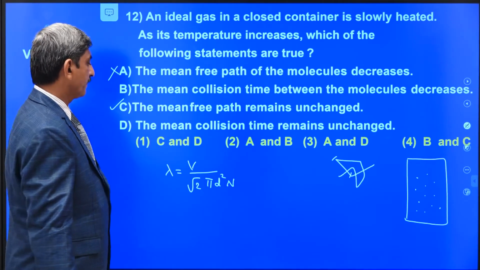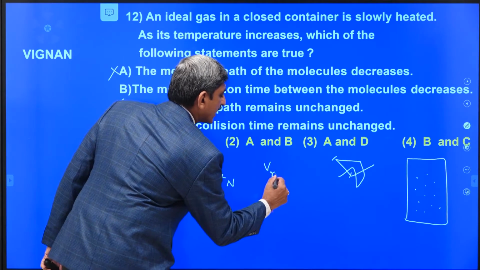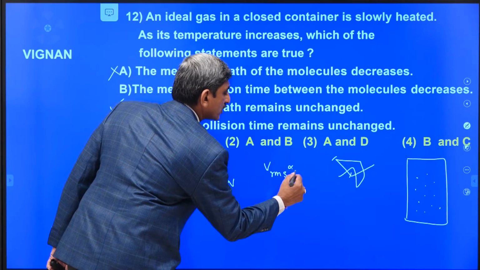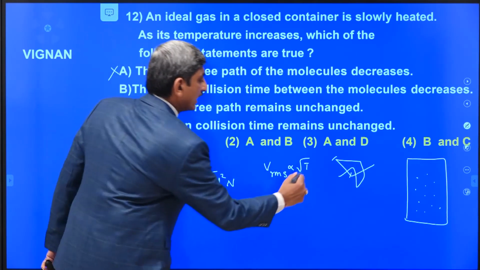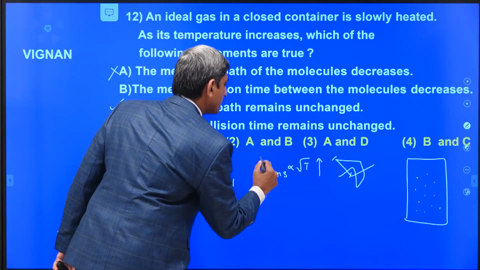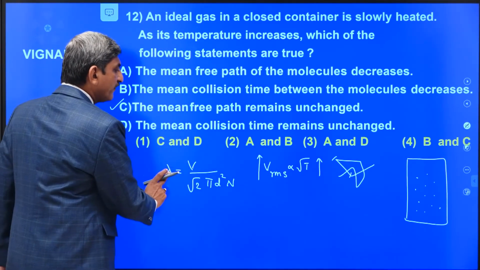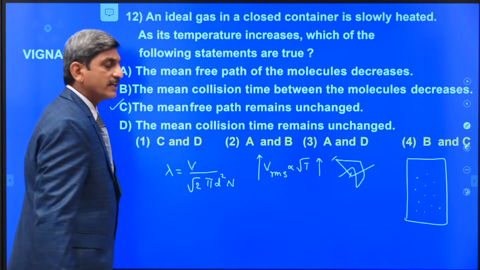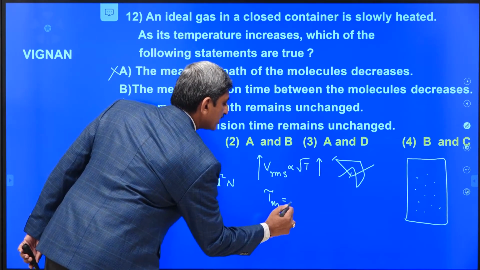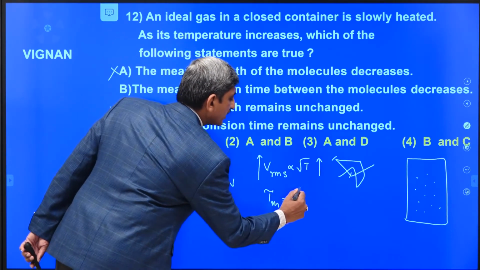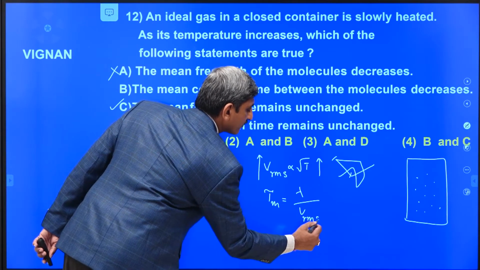Also, we already know that the RMS velocity of the gas molecules is directly proportional to the square root of the absolute temperature of the gas. If the temperature increases, the RMS velocity also increases. In terms of the mean free path and RMS velocity of the gas molecules, the mean collision time is given by time is equal to distance by velocity, that is lambda divided by V RMS.